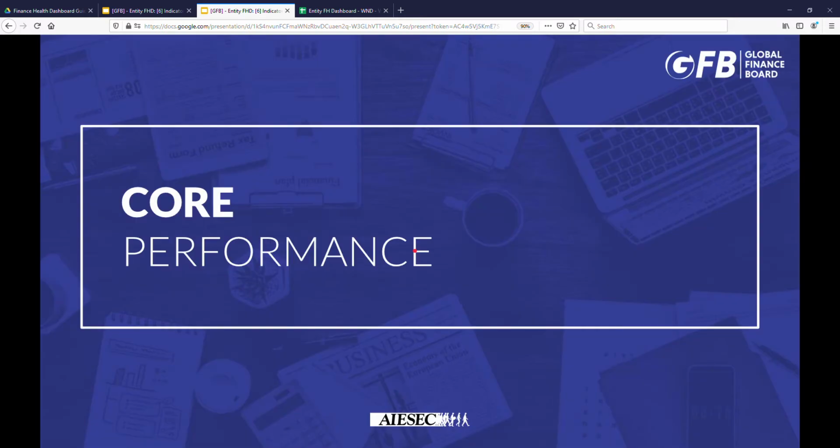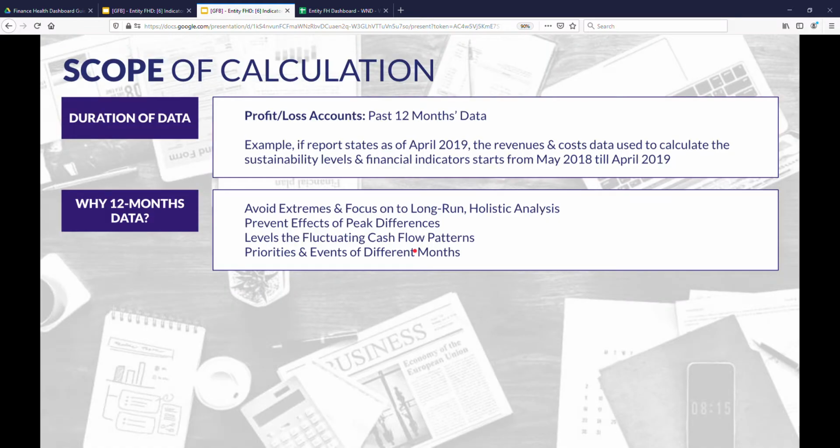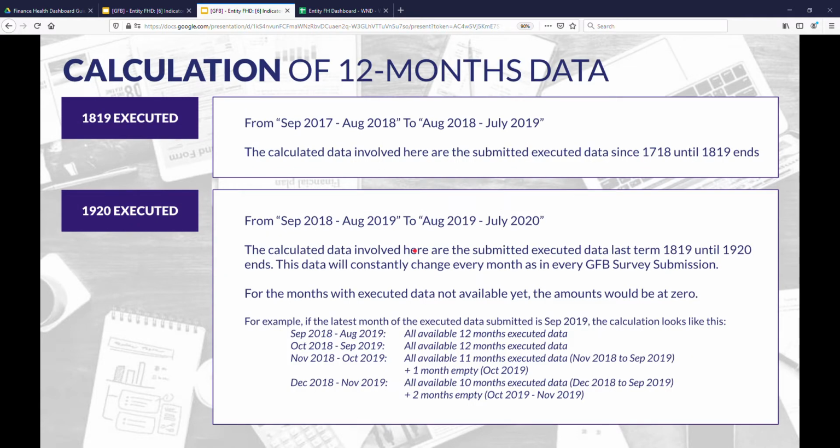So next is core performance. So this is the scope of calculation. Core performance is based on 12 months of data, by the way, because this also is related to the sustainability levels. So I'm not going to go through this one anymore because this was already mentioned.